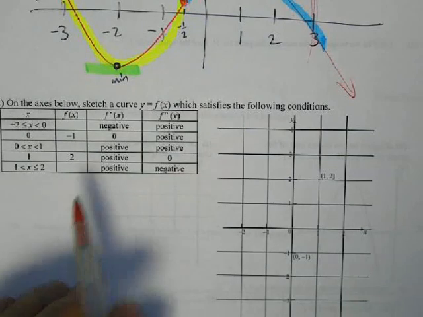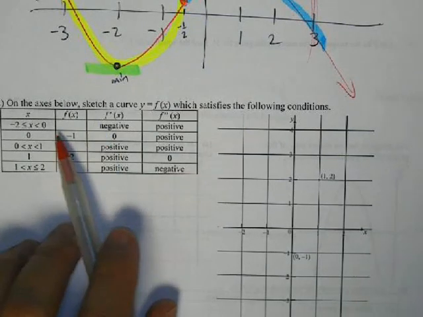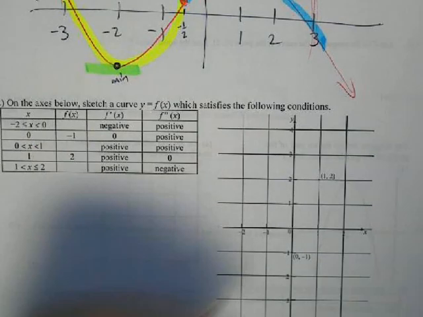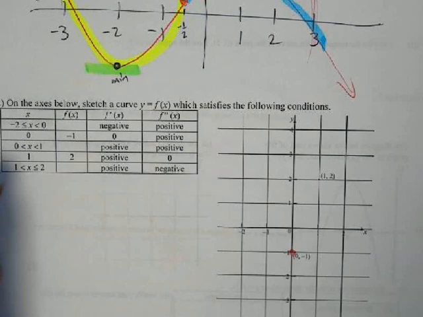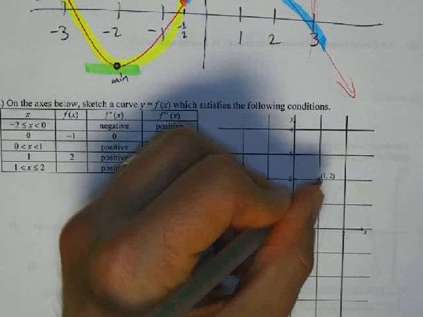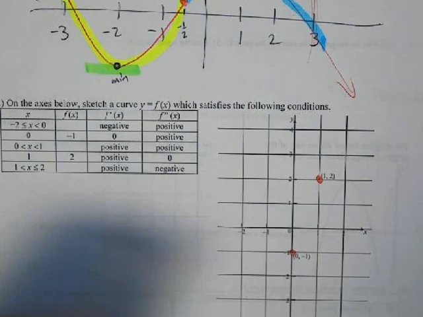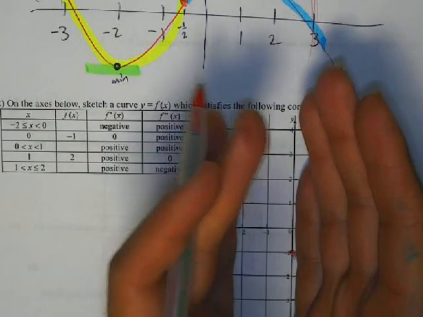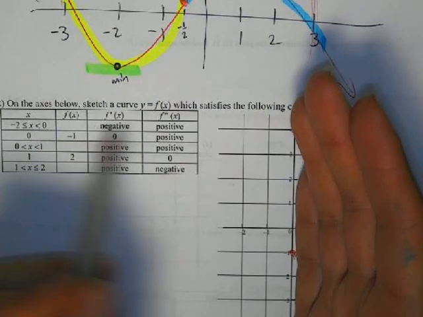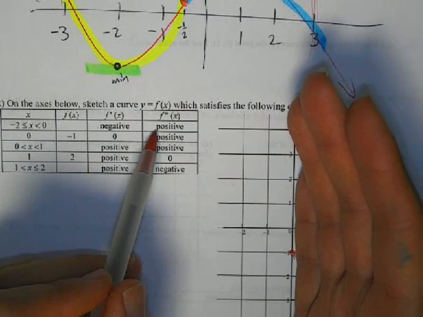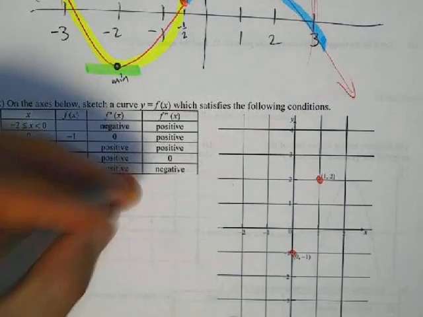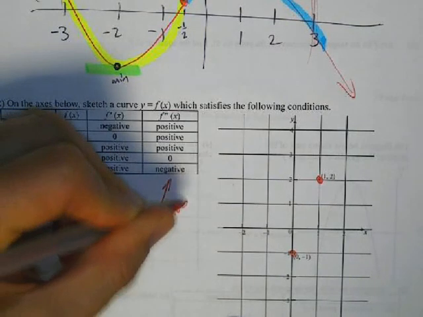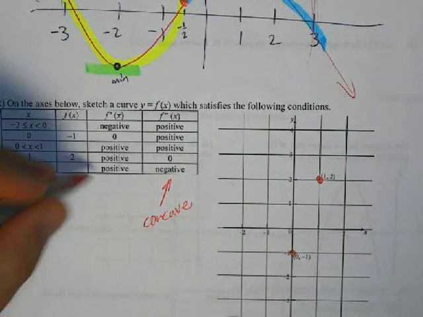We've got a point at 0, 1, and a point at 1, 2. Between -2 and 1, we've got a negative slope. Remember, this has to do with concavity, and this has to do with slope.